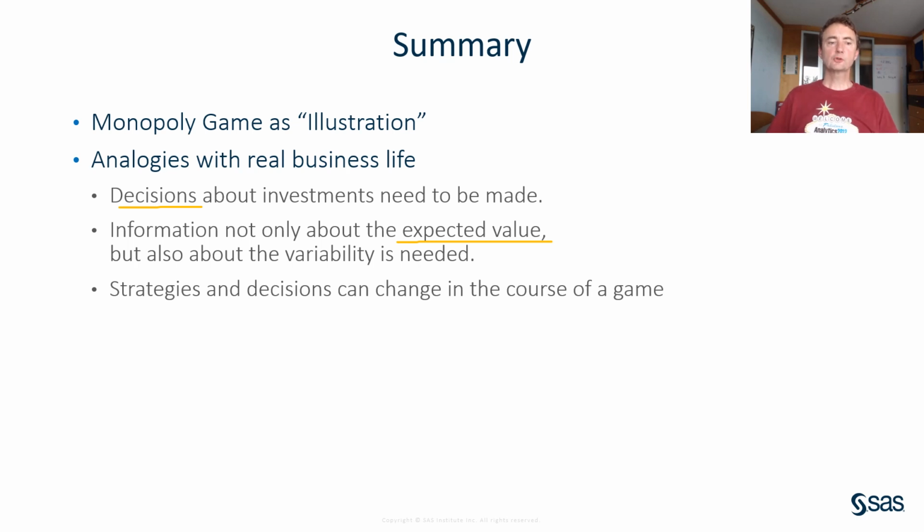And we also saw in this example with the Monopoly Man, with the accelerator dice, that certain strategies and decisions can change in the course of the game, because the accelerator dice change dynamically the setup of the game, and also strategies and decisions can be very different if you know in advance how long are we going to play, will we have the chance to get the money back that we invest in certain properties, or also how many players are playing, because if more are playing, more others have the chance that they visit our properties.